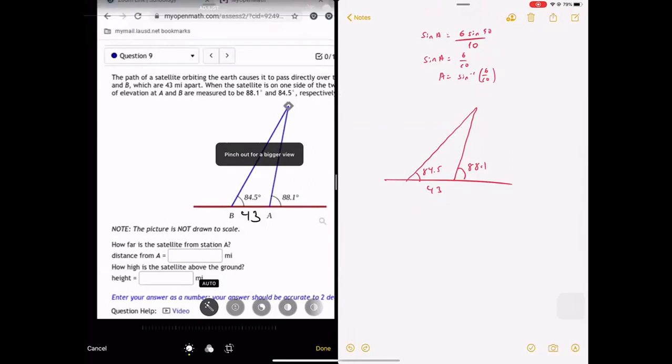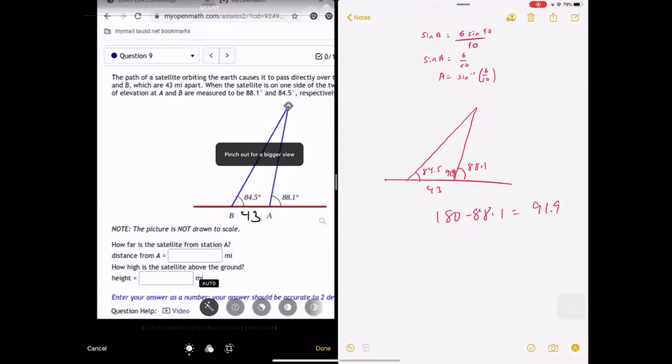Why? Because 88 is not inside the triangle. So we would have to subtract 88.1 from 180. This is from geometry. That's 91.9. Yeah, now we're good. Now we know 2 bits of information.